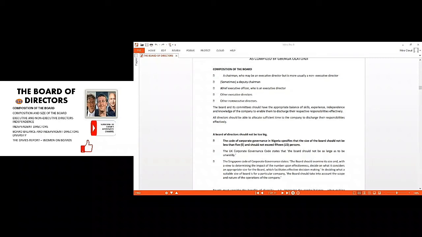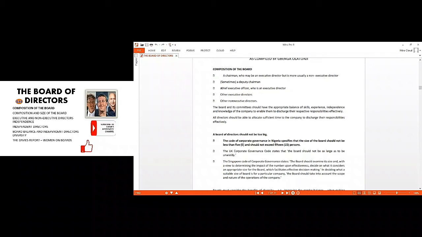So in order for this not to happen too often, it's good that we stay within the zone of best practices. Usually the board should start with about 5 people, then should not be more than 15 people. A minimum of 5 members to a maximum of 15 persons.